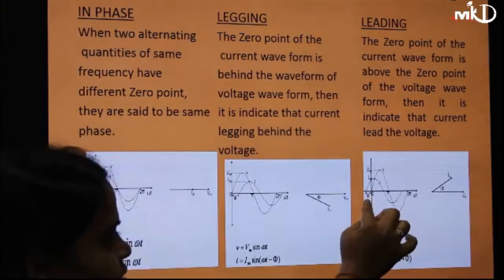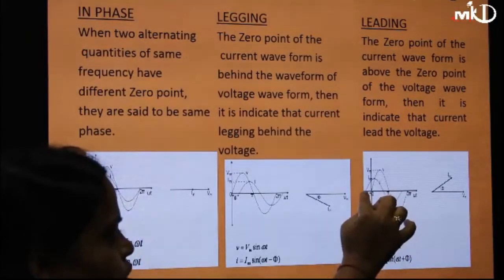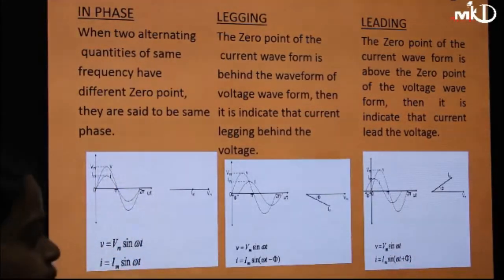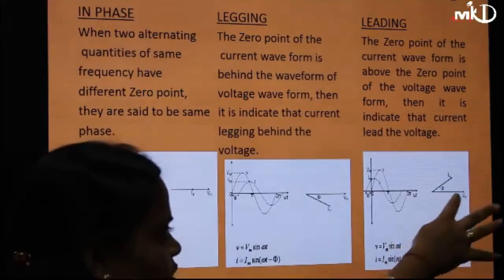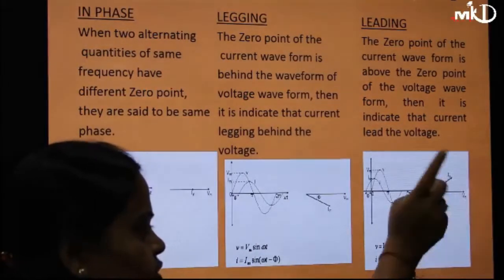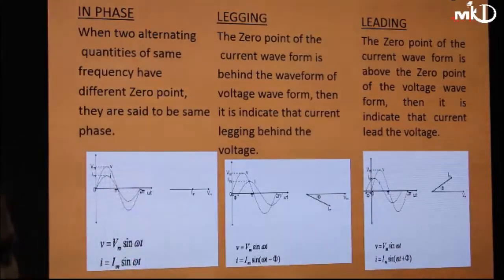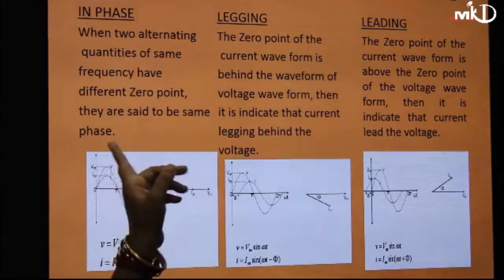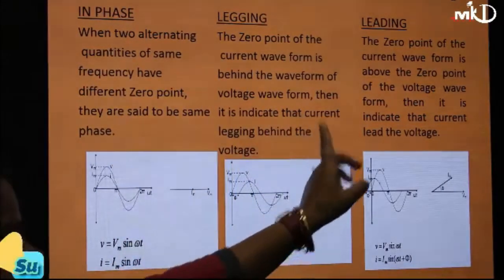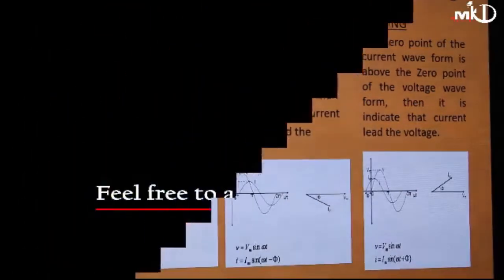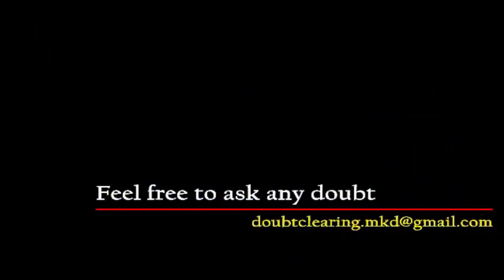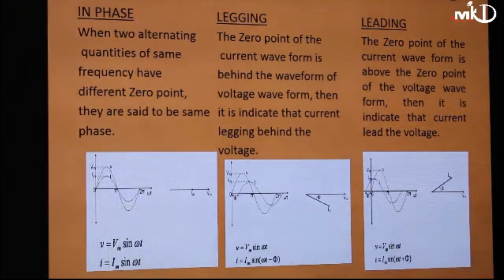The angle between voltage and current is phi. In the phasor diagram, taking V as the reference, I leads by an angle phi. So these are the three cases: in phase, lagging and leading. Now let's draw these diagrams on our board.